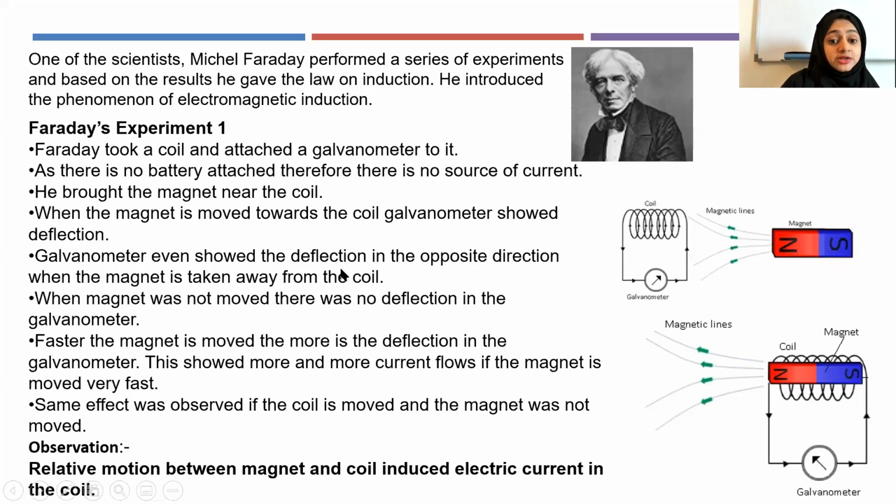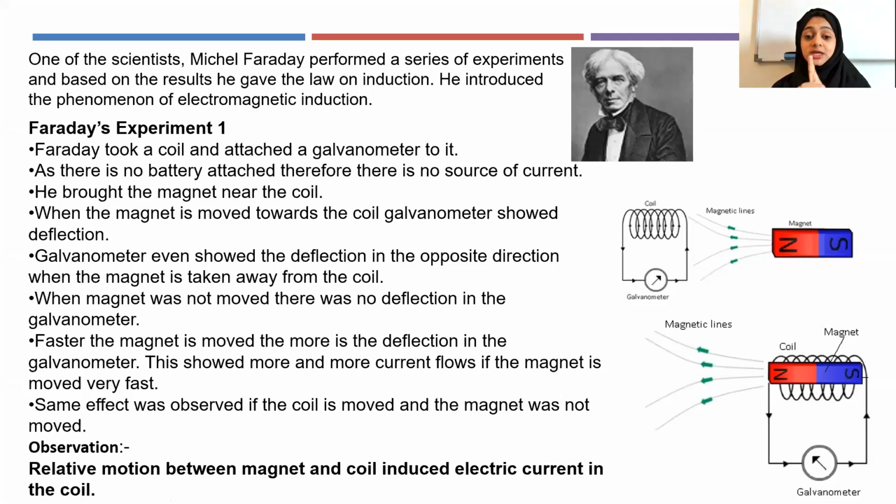The galvanometer even showed deflection in the opposite direction when the magnet is taken away from the coil. When you put the bar magnet into the coil from one direction, it showed deflection in one direction. Now when you remove the bar magnet from the coil, it shows deflection in the opposite direction, which means the current is now flowing in the opposite direction.